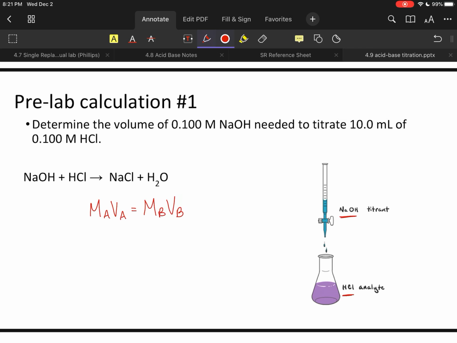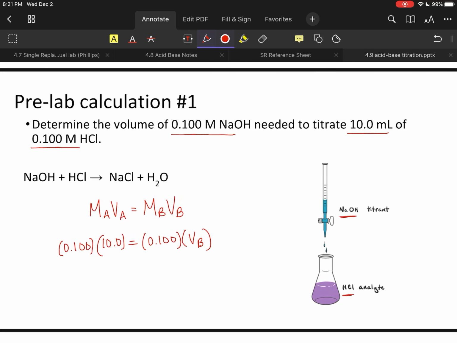So let's look at my base. I'm just given a molarity for my base, sorry. So that would be 0.100, and then I'm looking for the volume. And then for my acid, there's my volume, and here is my molarity.